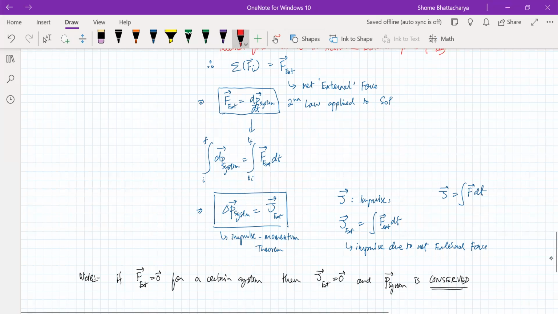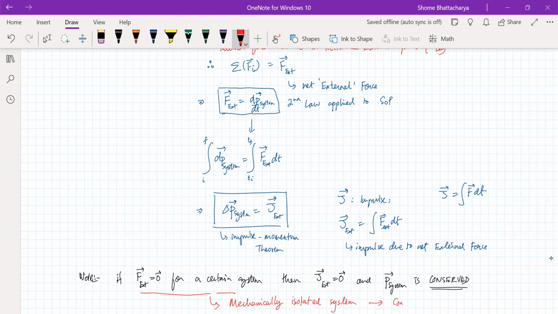Such a system is called an isolated system, a mechanically isolated system. For such a mechanically isolated system, we have the principle of conservation of linear momentum.